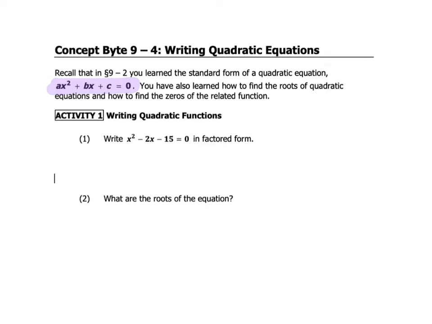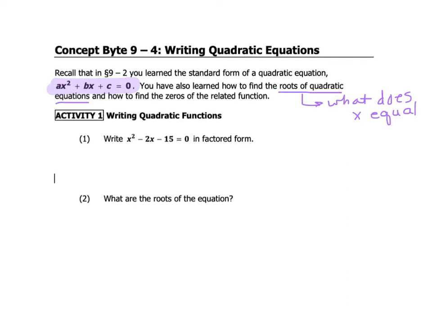Then we set each of our two factors equal to 0 and solved to help us find x. That is also called the roots of a quadratic equation, and that is what x equals. So let's put a little arrow here, and we'll fill in what x equals.